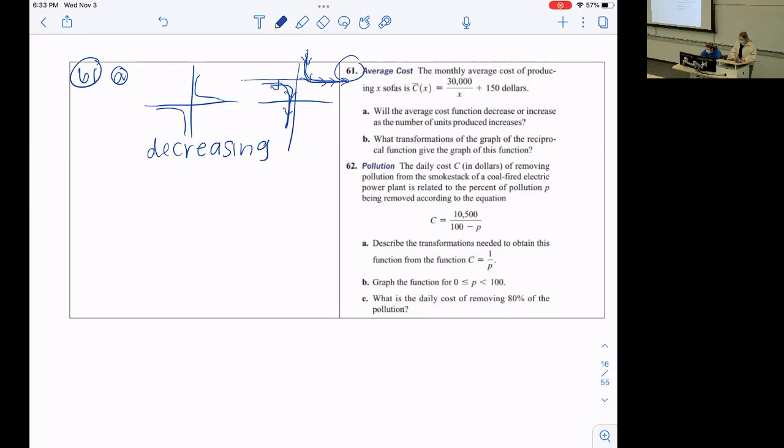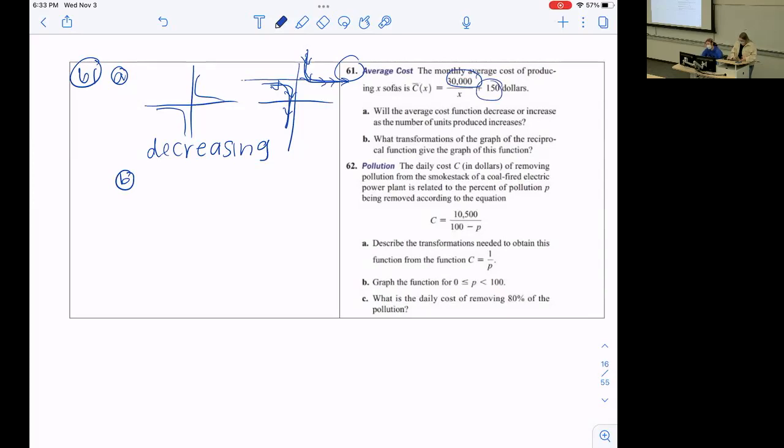And then for B, what transformations of the graph of the reciprocal function give the graph of this function? So we have two transformations on this function. We have this stretch of 30,000 and then a plus 150.